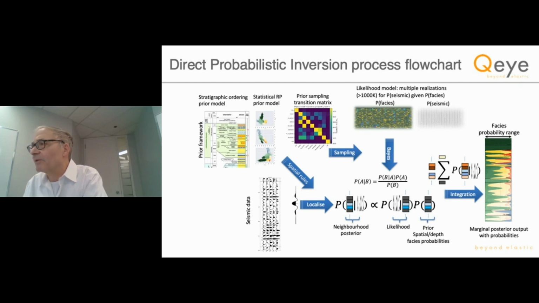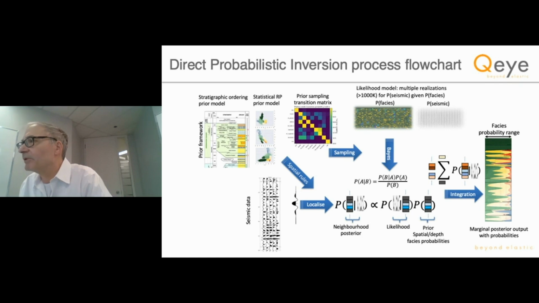And once we have all that, that gives us the probabilities of the seismic given the facies times the probability of the facies, and that is proportional through Bayes' theorem to the probability of the facies given the seismic.